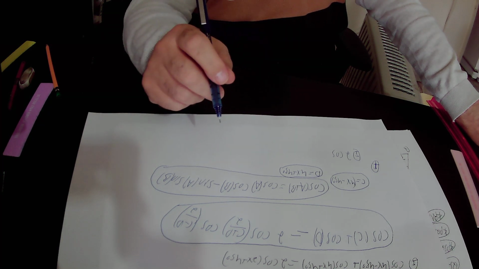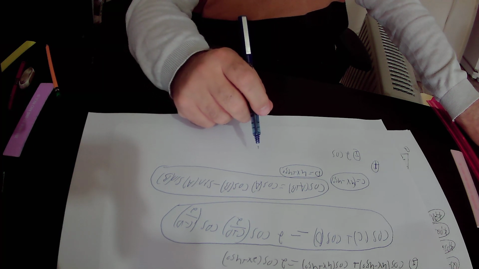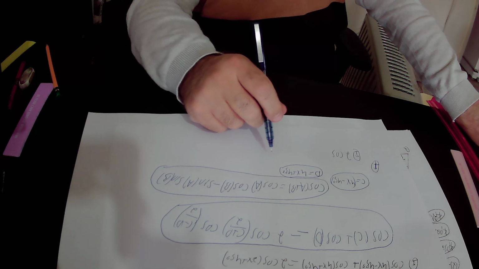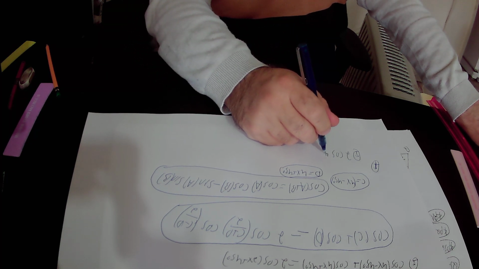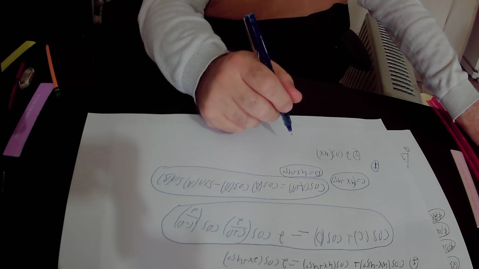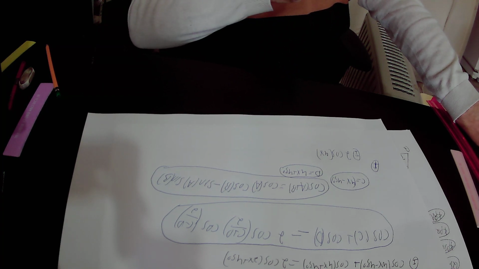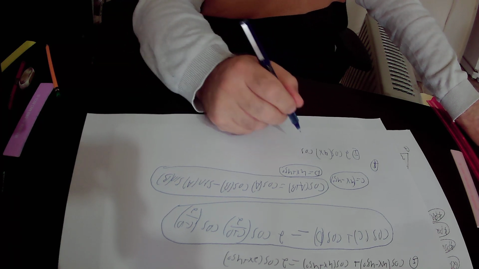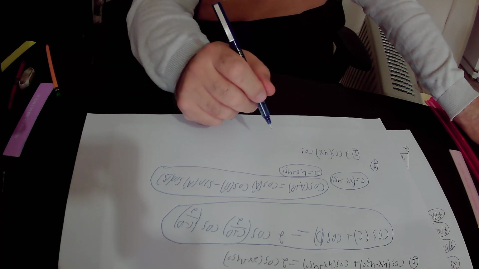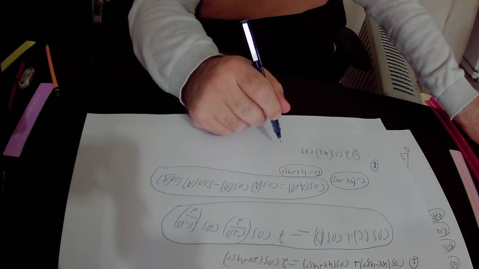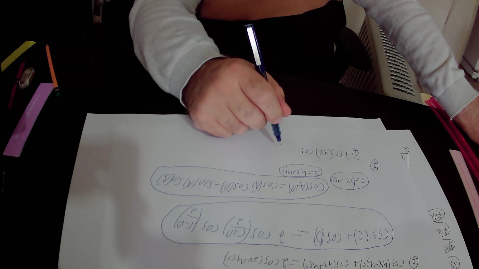So we have cosine c plus d over 2. 4x plus 4x is 8x and 8x over 2 is 4x, and minus 45 degrees plus 45 degrees is 0. And then we have also cosine c minus d over 2. C is 4x minus 45 degrees and D is 4x plus 45 degrees.